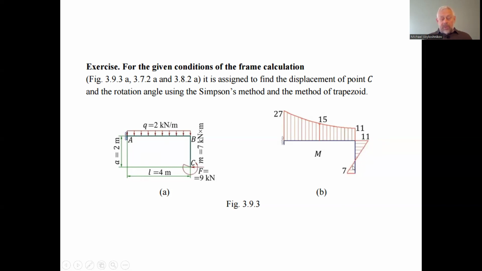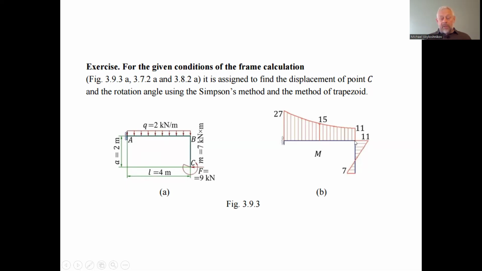We determine the bending moment diagram on the stretched fibers of each of the elements of the mechanical system. So here we have 18, from 9 multiplied by 2, minus 7 is 11 at the other end, and we have the diagram of the bending moment of element BC of the mechanical system under the action of the external load as a linear twisted trapezoid. So the same we have here.